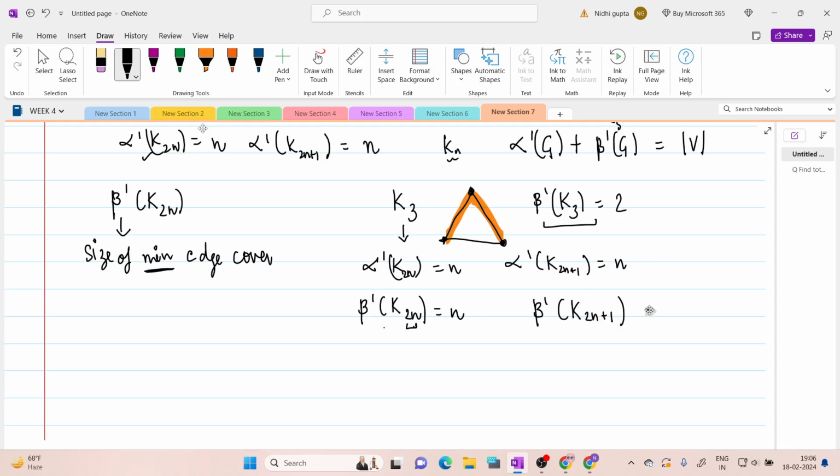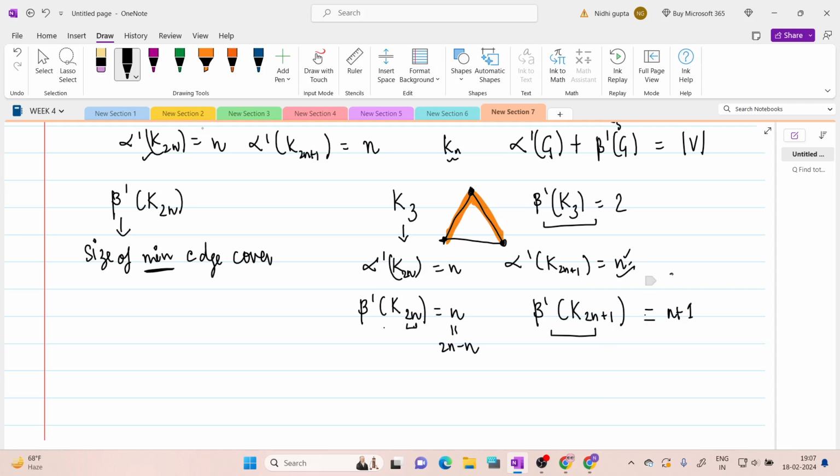And similarly, beta dash of K2n is 2n minus n. Similarly, what will be beta dash of K2n plus 1? N plus 1. Good. Because we have 2n plus 1 vertices, and we have already seen that the maximum matching size is n.